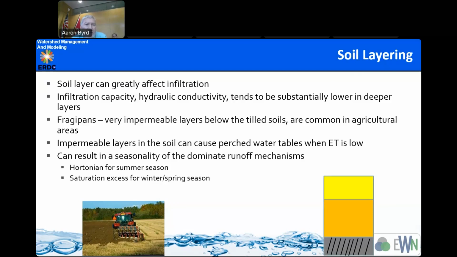So even though you're in an area where you should get infiltration excess runoff, it might actually act the opposite, like a saturated source area. Once it hits that fragipan, it starts to fill up and runs off.